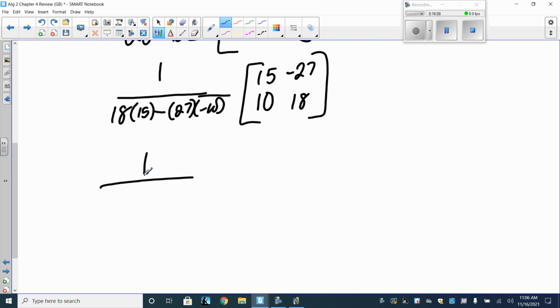Now here we would just need to simplify the denominator. Well, negative 27 times negative 10 is negative 270. 15 times 18 is 270.